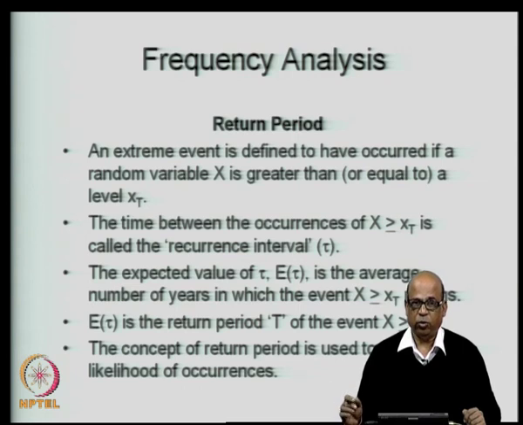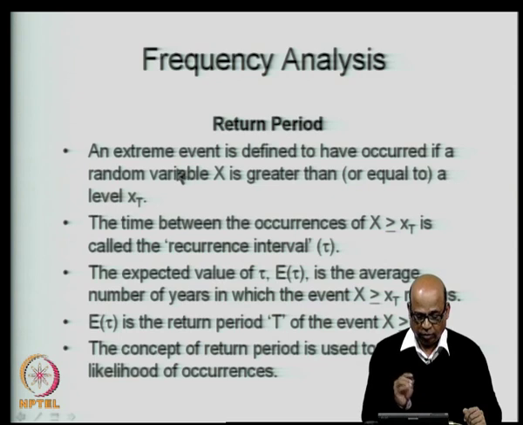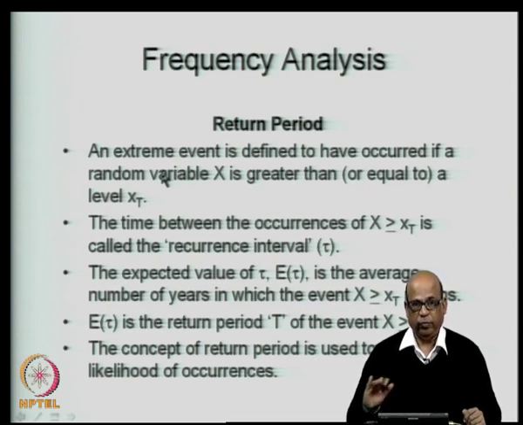Now, that is the event that we call an extreme event. That means we put a threshold and then say that any time the threshold is crossed, we call that an extreme event.